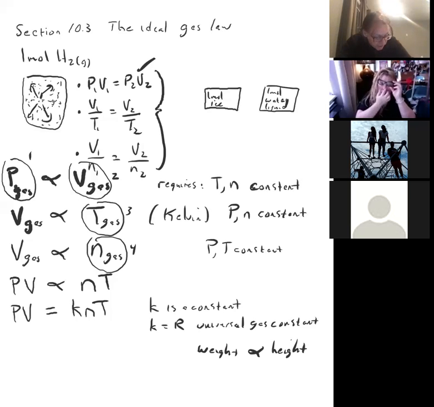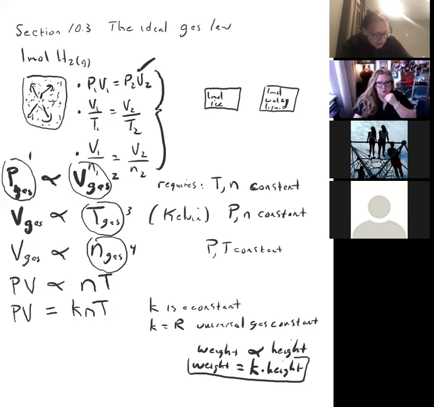But if you slip a constant in there, K, times the height, then you can make an equation that allows you to predict the weight based on the height. So if I said, okay, you're 5 feet 11, now I know what your weight is. But you need to know what that constant is. So you would run experiments to figure out the value of that constant.